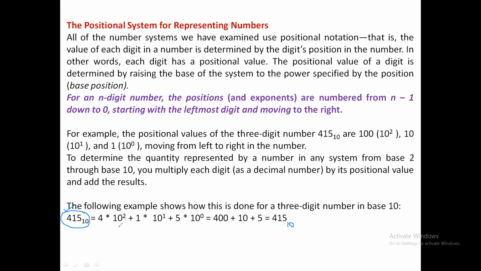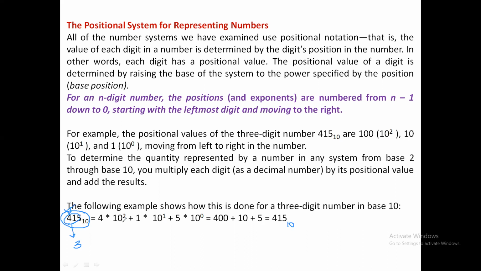How is it actually calculated? Starting at the leftmost digit, because how many digits are there in this number? 3 digits are there. Total number of digits is 3. So we need to start at 10 power n minus 1, that is 10 square here.